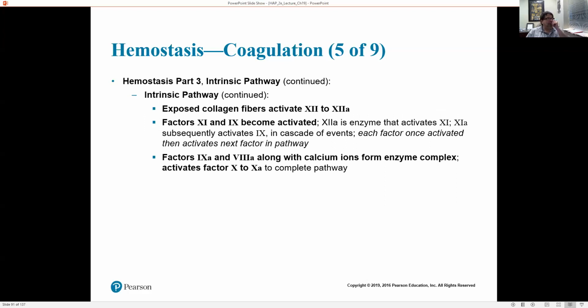Factor 11 and 9 then become activated. 12A is an enzyme that activates 11A, and you get a chain reaction cascade that goes down through factor 9, factor 8, all of this needing calcium, which also is going to trigger the coagulation.